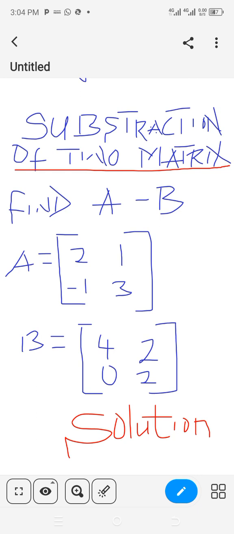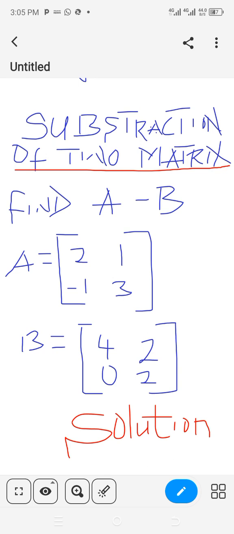So we are given a question that we should find A minus B, and matrix A has these numbers or elements in it. We have 2, we have 1, we have minus 1, and we have 3. Matrix B has these elements. We have 4, we have 2, we have 0, and we also have 2.